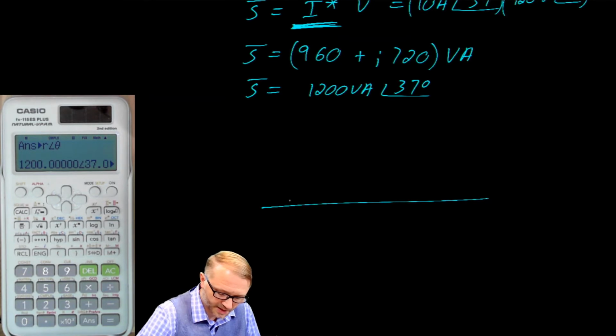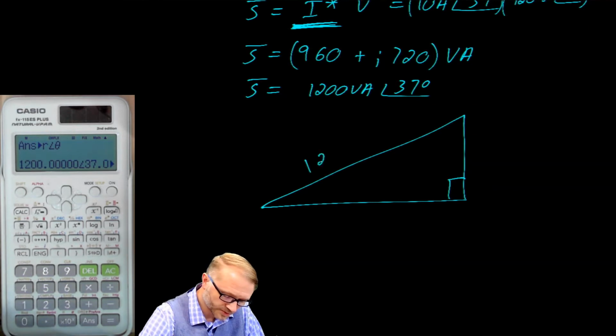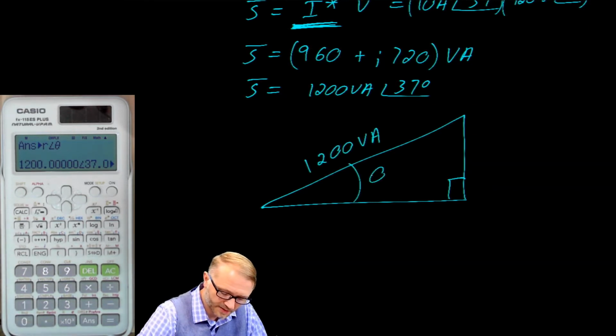If we sketch that out, we end up with something called a power triangle, where this is 1200 VA. This is the angle theta, which in this case is 37 degrees. Down here, we have real power in watts.